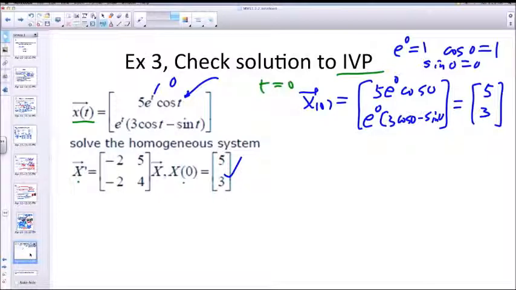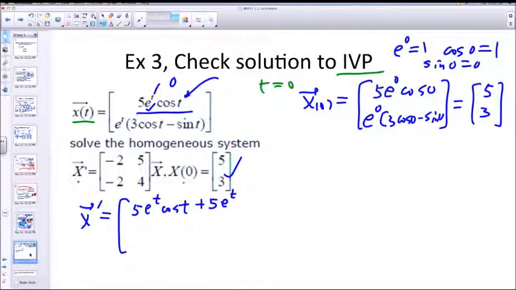How do I check the solution? I take the derivative by the product rule. The derivative of this is itself. You take the derivative of this one first, plus take the derivative of cosine, which is negative sine t. That's what you get.